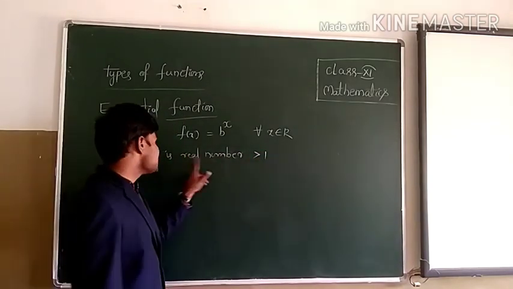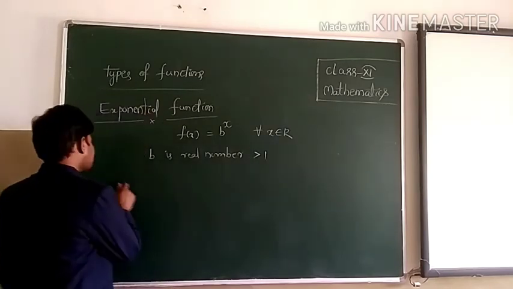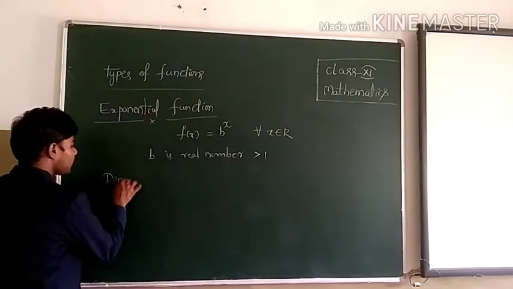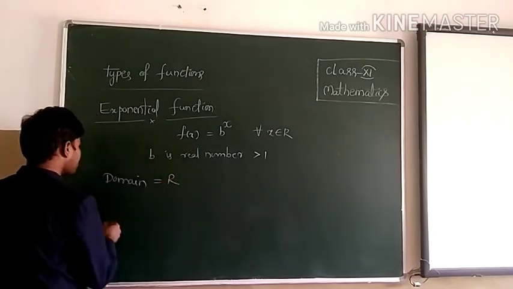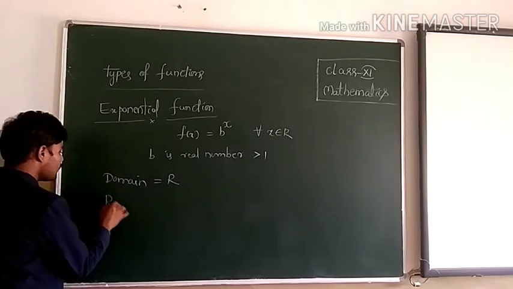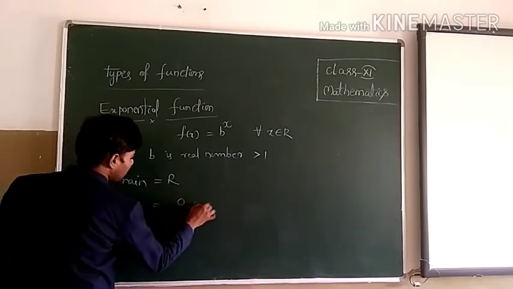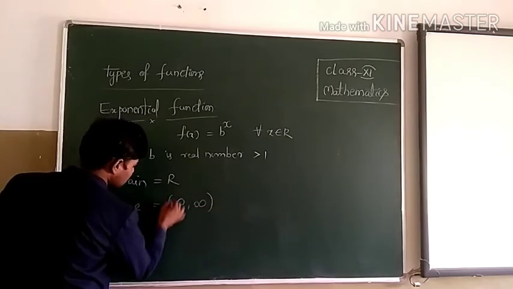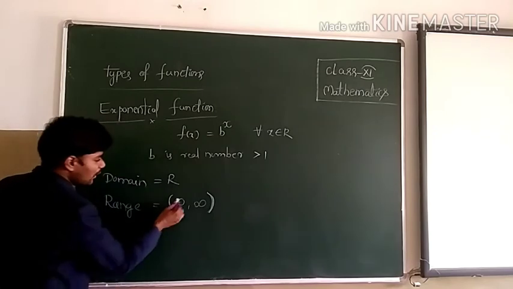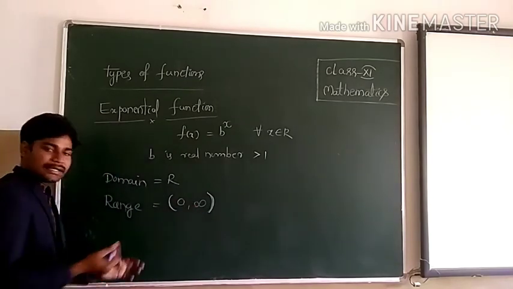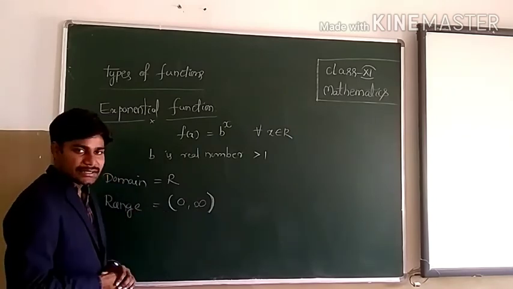Now let's see the domain of this exponential function is R, and the range is 0 to infinity, open brackets, except these two values, and the values between these two are considered as the range.